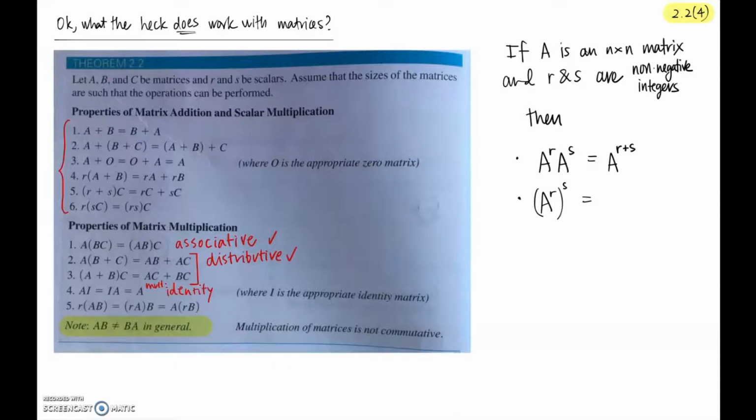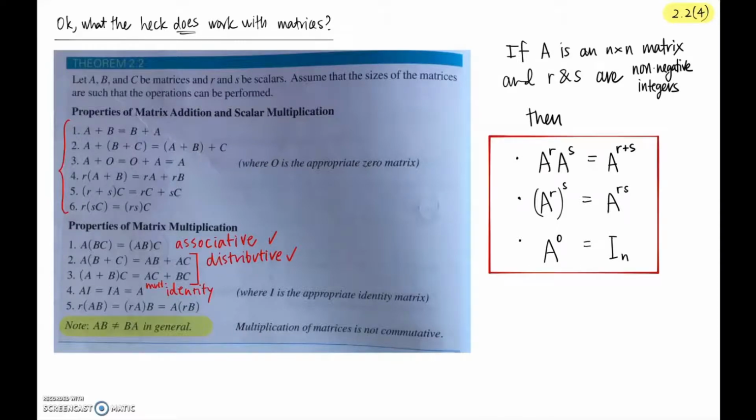With real numbers, we knew that we could just multiply these powers, and it's the same story with matrices. This will be equal to A to the RS. And the last one is we're going to define A to the 0. Usually in real numbers, this is the number 1. We're going to define it to be the identity matrix. So these are three more properties that we know will work with matrices.